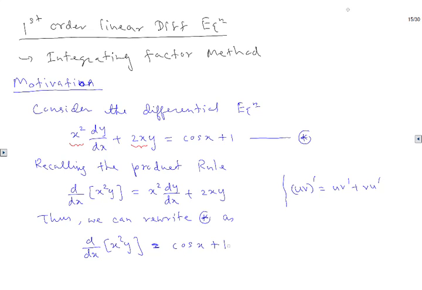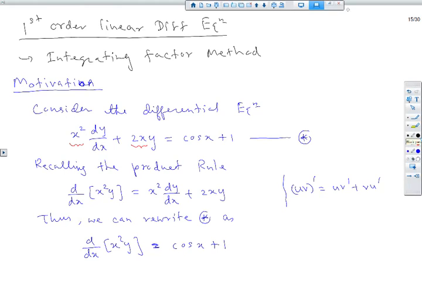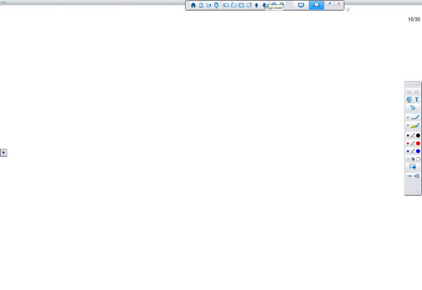If you integrate with respect to x, the derivative goes away. So you get x² y on this side, because the derivative cancels out when you take the integral.